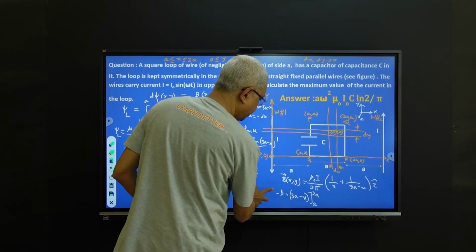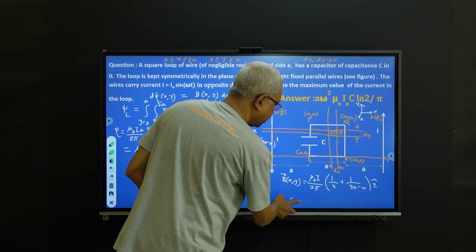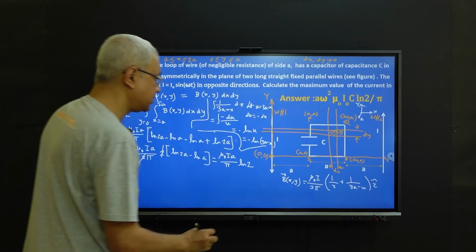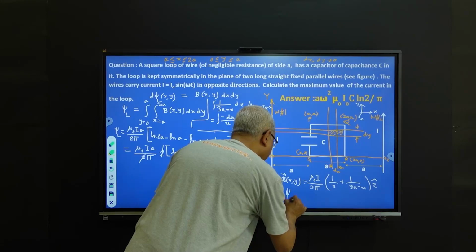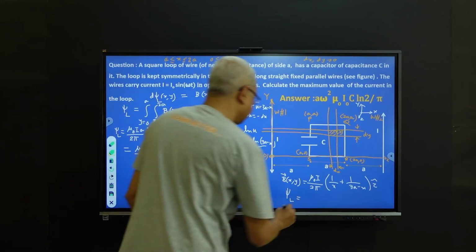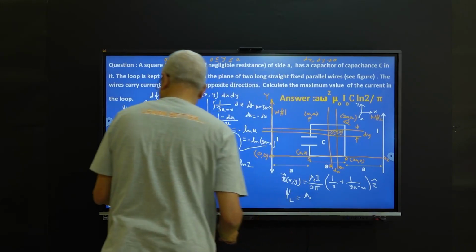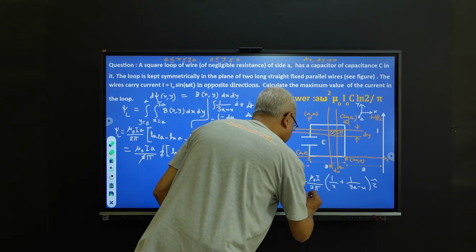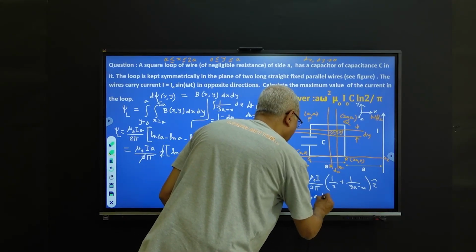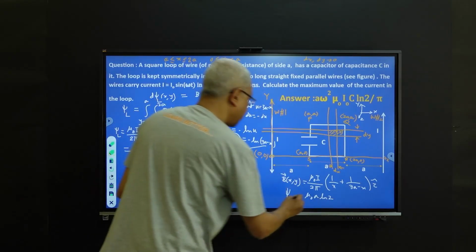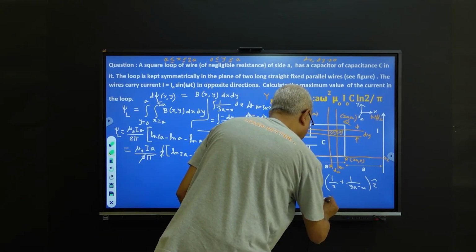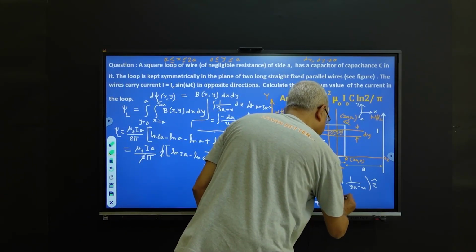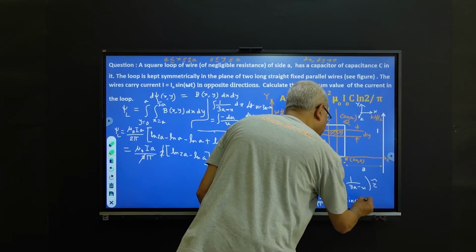So we can write the expression for psi L, the flux linkage through the loop, as psi L equal to mu naught a ln 2 divided by pi, times I, where I is I naught sin omega t.